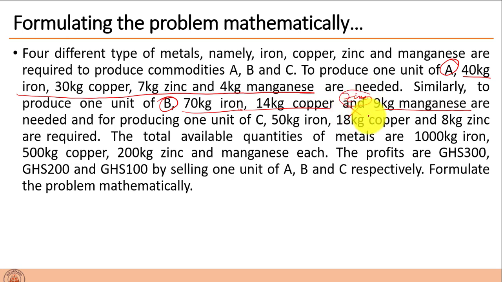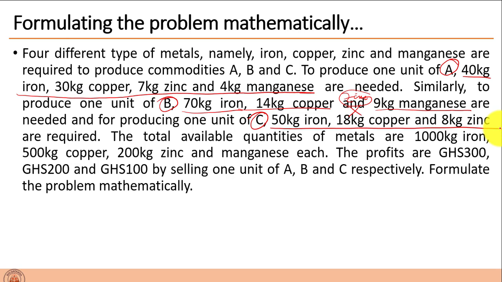For product C, we need 50 kg of iron, 18 kg of copper, and 8 kg of zinc. Manganese is not needed in this one. The total available quantities of metals are 1,000 kg of iron. This is the limited resources that we spoke of earlier on. If you need more than that, you won't get it.